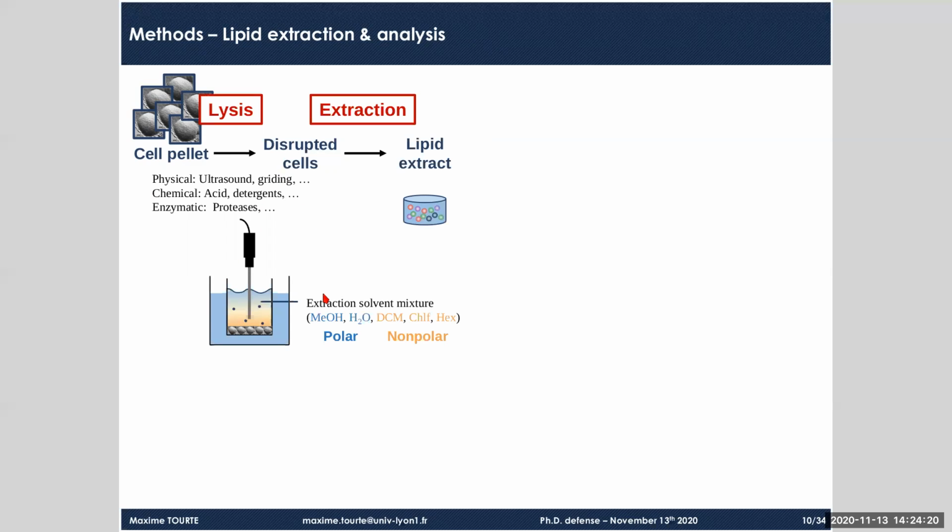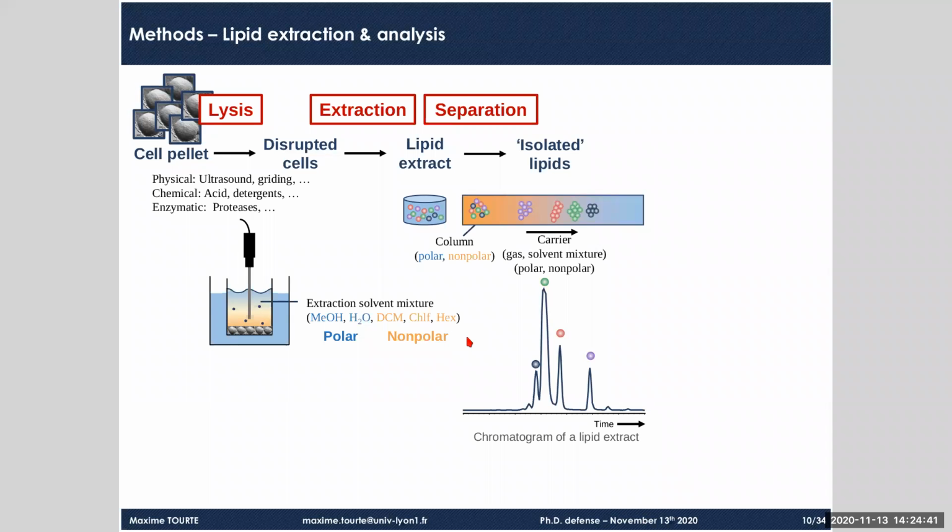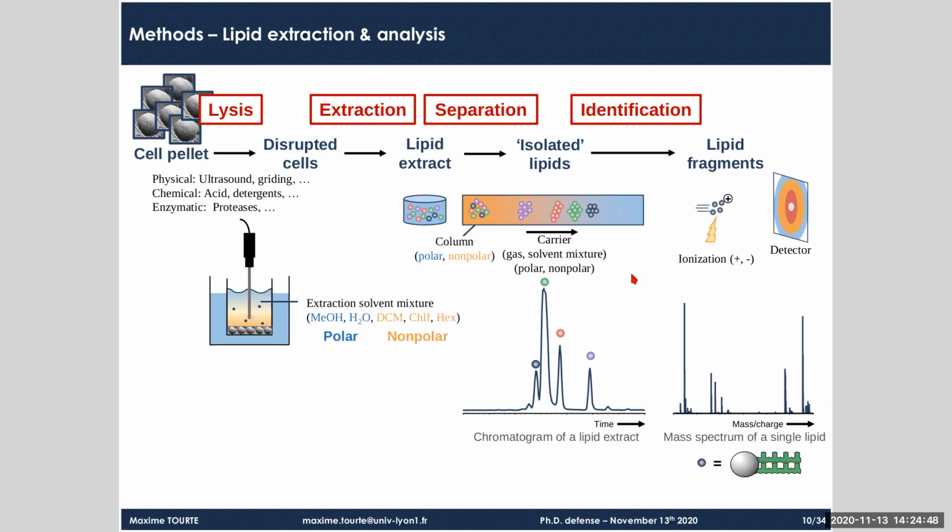And once these cells are disrupted, we can extract the lipids using usually solvent mixtures that are composed of both a polar and a non-polar solvent in order to solubilize the two parts of the lipids, the polar head groups and the hydrophobic region. These extracted lipids are then separated using chromatography in order to get isolated populations of lipids that are much easier to analyze and identify, notably using mass spectrometry.